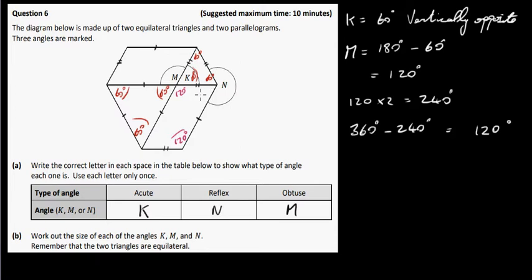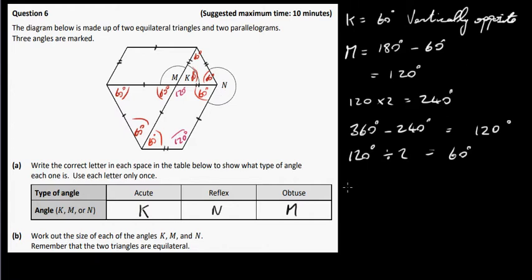So these two angles here add up to 120, so 120 degrees divided by 2 gives me 60 degrees. So this angle here is going to be 60 degrees, and this angle here is going to be 60 degrees here. So once I have that, I know that this angle is 60 degrees, this angle is 60 degrees, so all the way around here is 360.